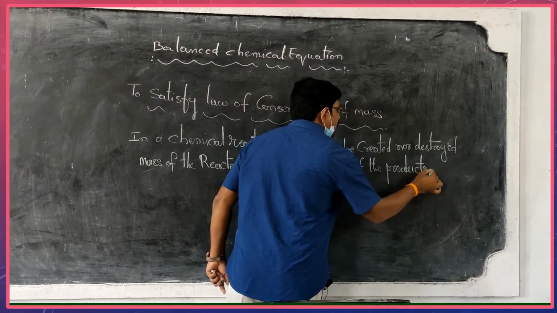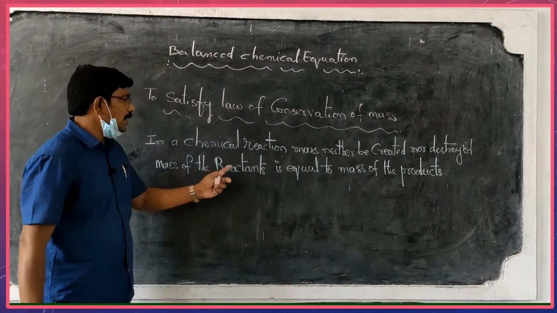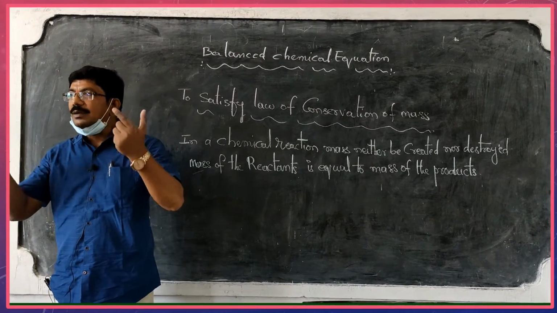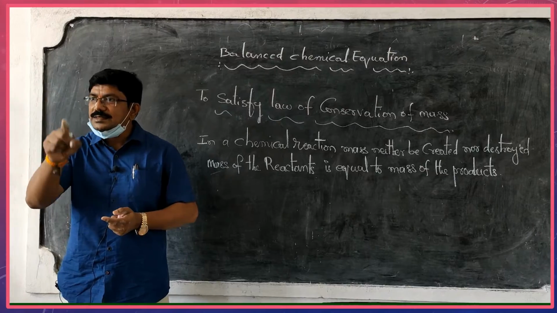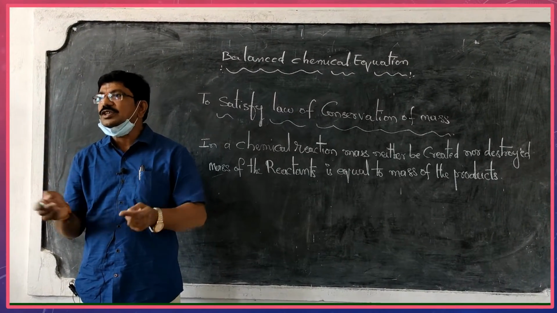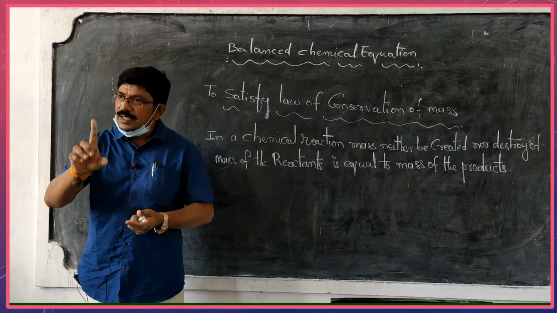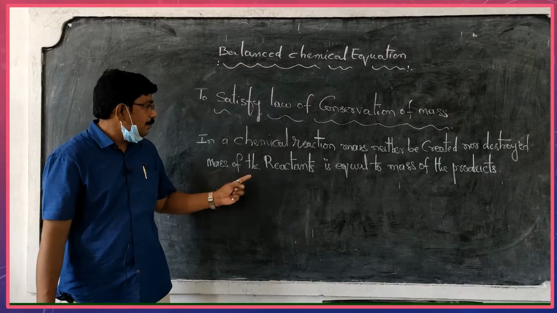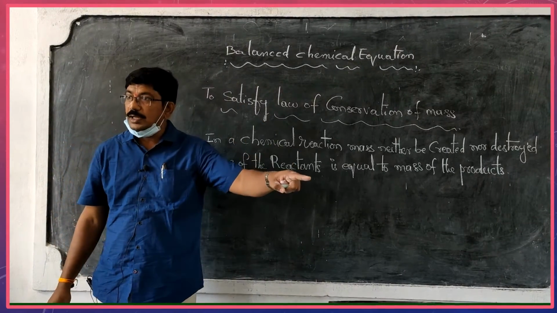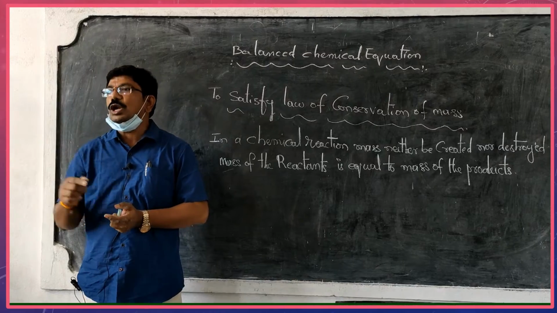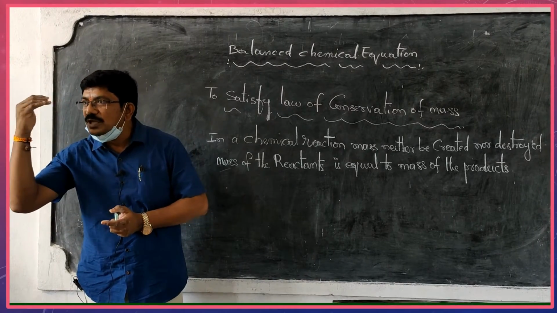Mass of the reactants is equal to mass of the products, or equating the number of atoms of each element on either side. Why am I saying on either side? In a chemical equation there is the LHS and the RHS, reactants are there, products are there. So the number of atoms of each element taking part in a chemical reaction must be equal to the number of atoms of the products.